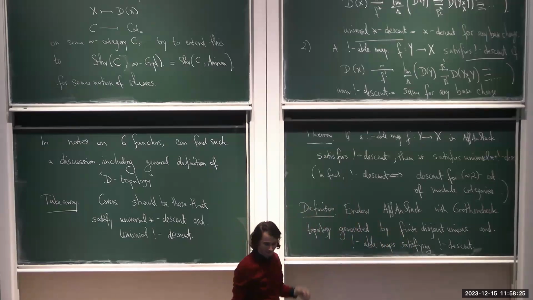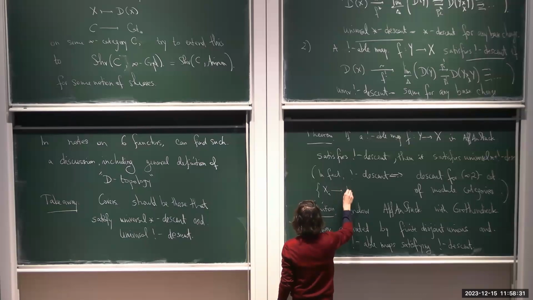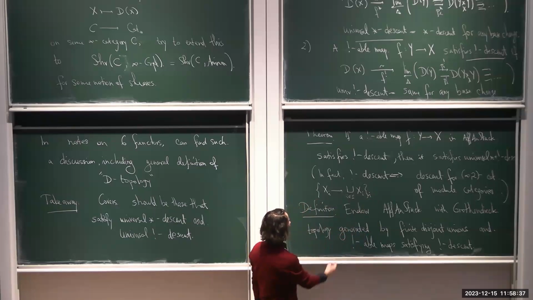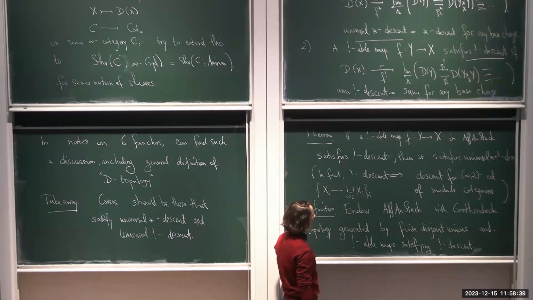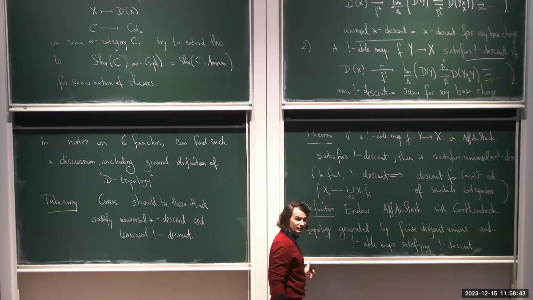Do you require them to be open? No, I mean just finite disjoint union. So whenever I is a finite set and X_i are F-analytic stacks, then the disjoint union is also an F-analytic stack, and it's covered by those.